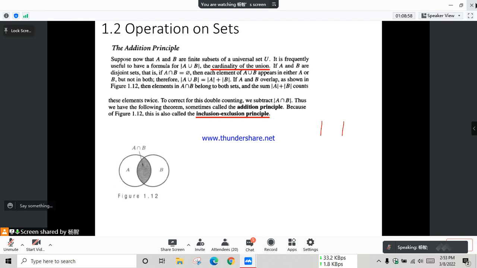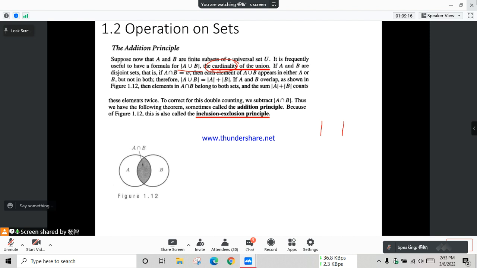It means the number of elements of a set. So this expression means the cardinality of the union of A and B.